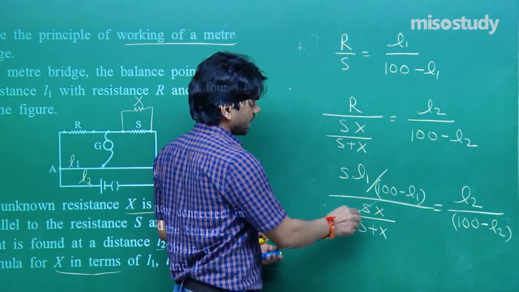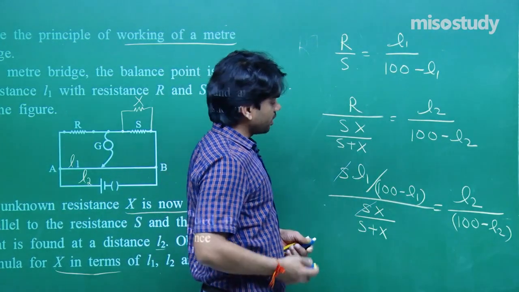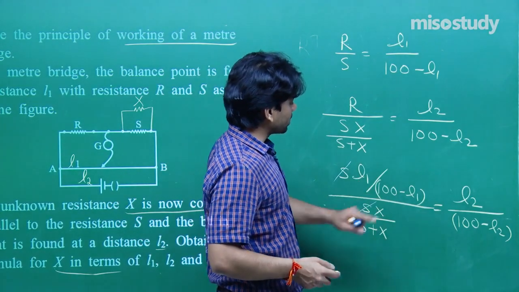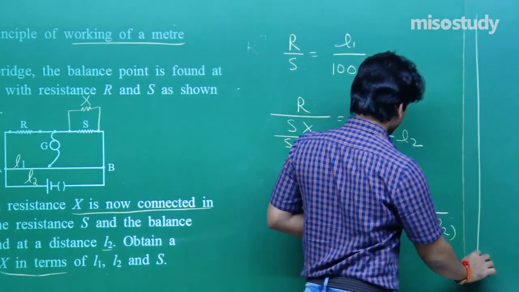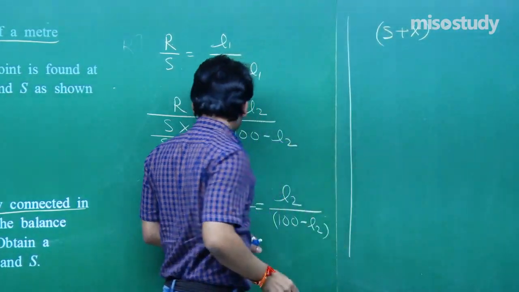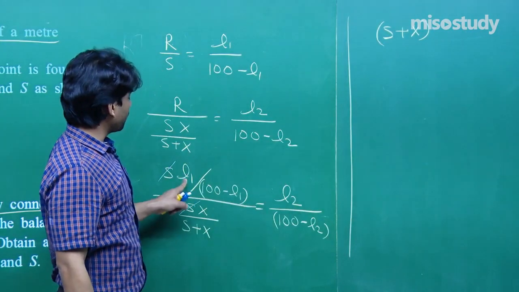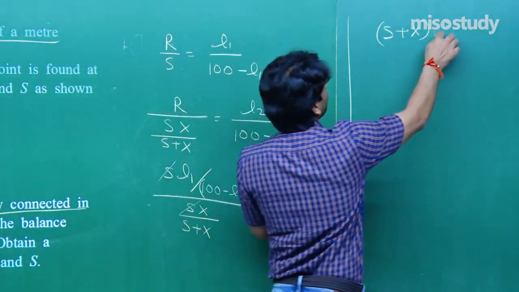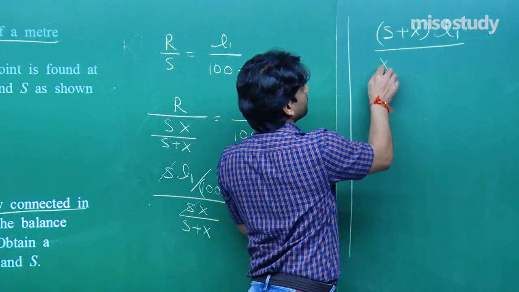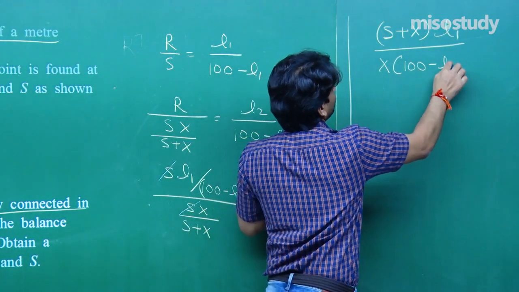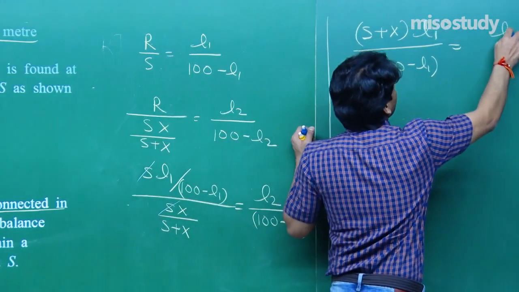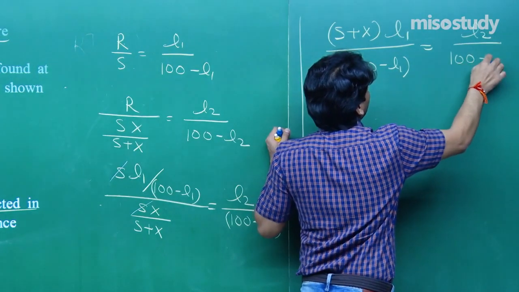Simple, S and S cancel out, and here S plus X will go in the numerator, and 100 minus L1 will come in the denominator. S plus X we got here, and here you have L1 divided by X into 100 minus L1 is equal to L2 divided by 100 minus L2.